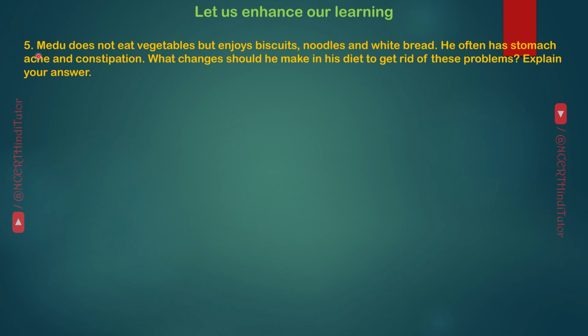Question 5. Medu does not eat vegetables but enjoys biscuits, noodles, and white bread. He often has stomach ache and constipation. What changes should he make in his diet to get rid of these problems? Explain your answer.